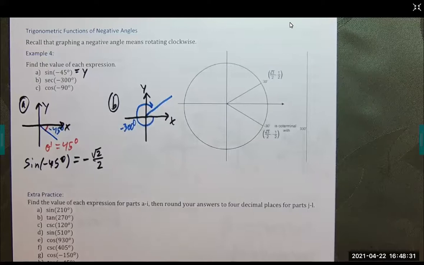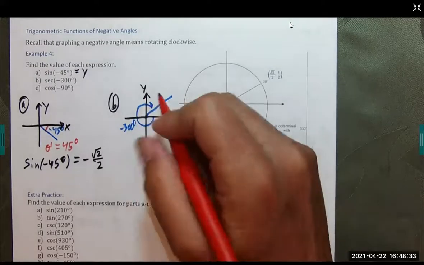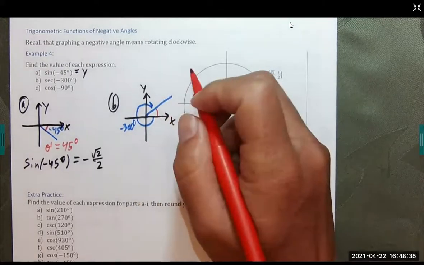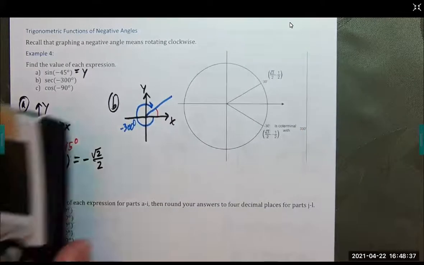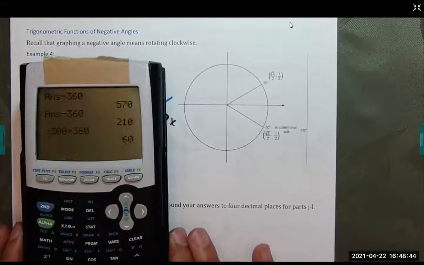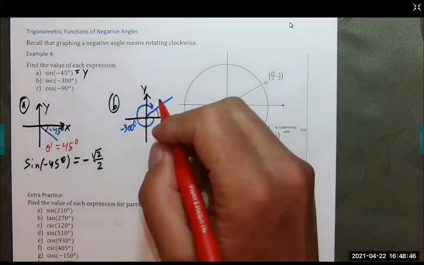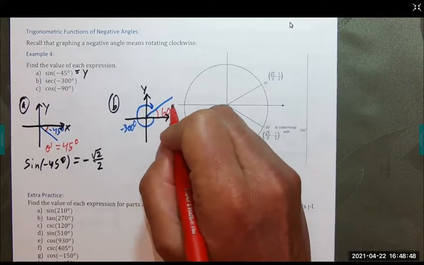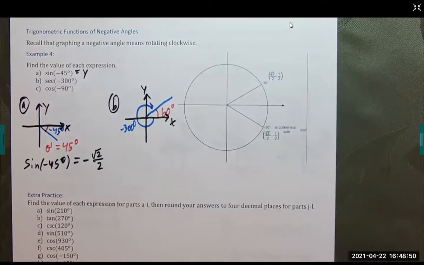Now, to get the reference angle, I'm just going to go negative 300 plus 360. That's 60 degrees. And I'm in quadrant 1, so everything's positive anyway.